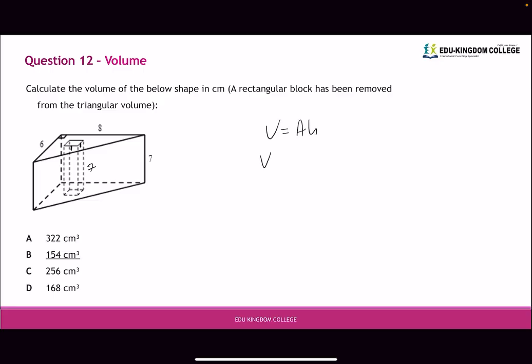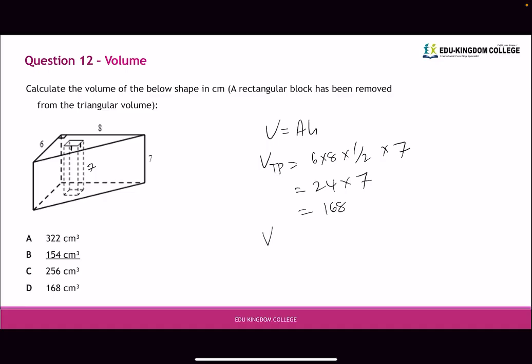V of the triangular prism equals A, which is 6 times 8 times half, times 7. So 6 times 8 is 48, times half is 24. 24 times 7 is 148, I believe. No, 168.